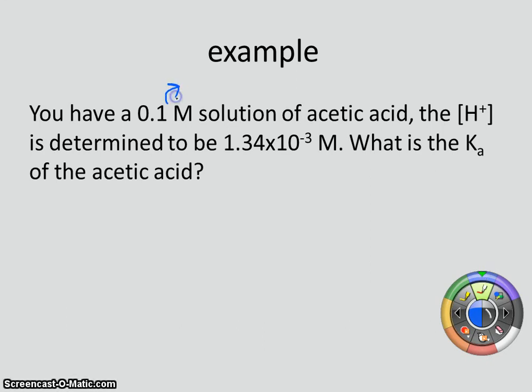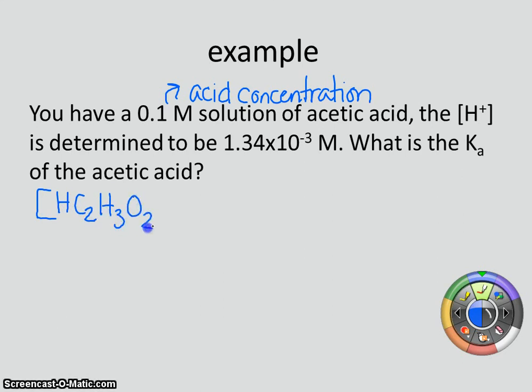This is going to be our acid concentration, which is going to be acetic acid, so you can write it HC2H3O2 if you'd like. That's going to equal 0.1 molar. And then here is our hydrogen concentration.